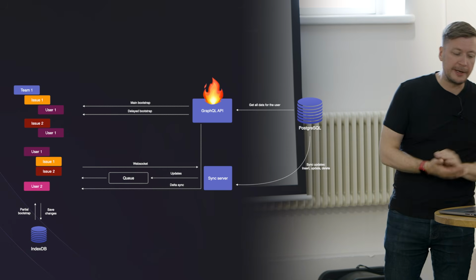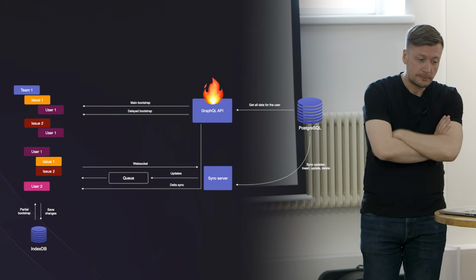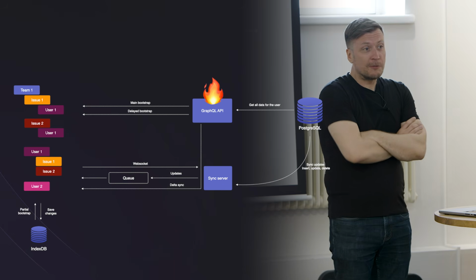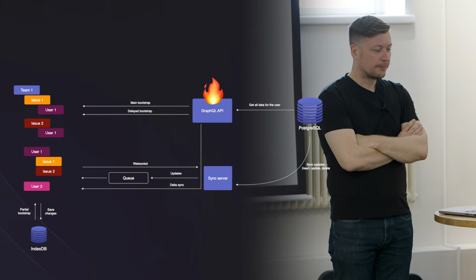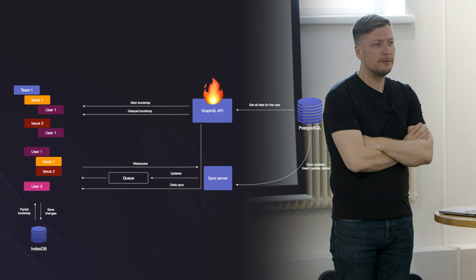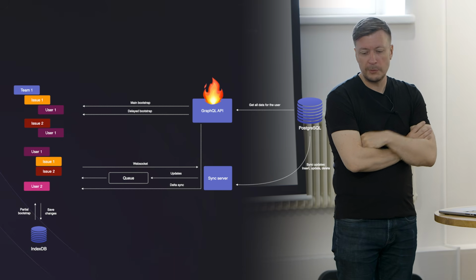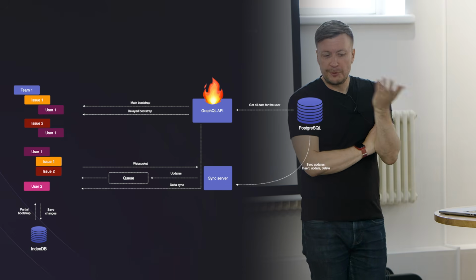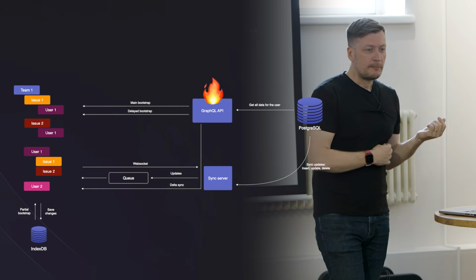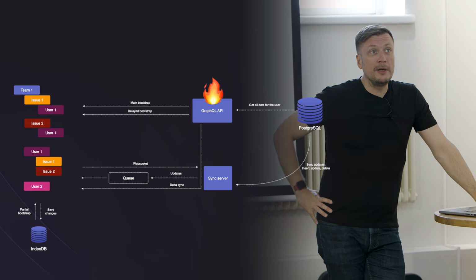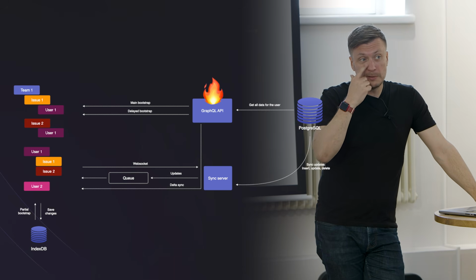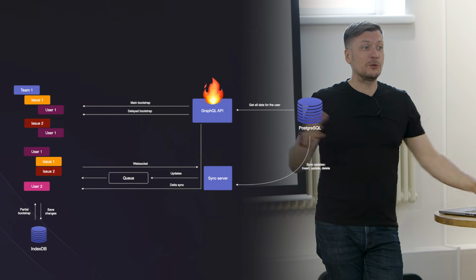So the next problem that we started having was that the GraphQL API started not being slow, but crashing. And we were a bit dumbfounded at first, but then quickly realized that we were just running out of memory. And the reason for this was GraphQL is good for small operations, but it's really, really bad for huge operations.